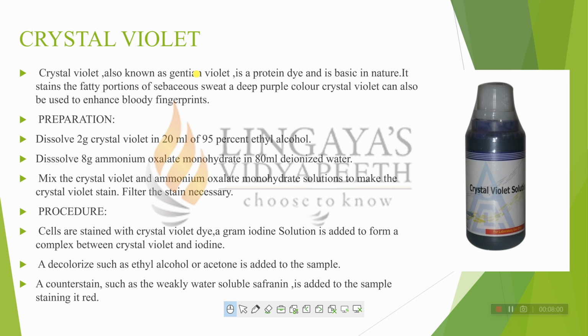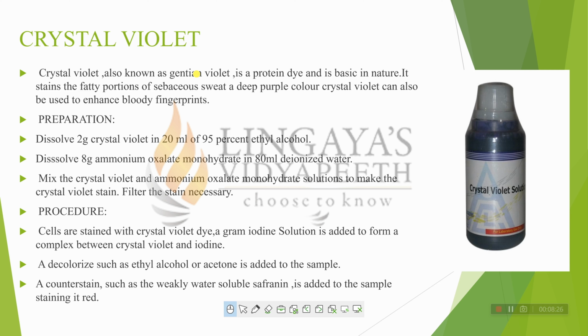Now how crystal violet is prepared? So to prepare the crystal violet stain or solution, you have to dissolve 2 gram crystal violet powder in 20 ml of 95% ethyl alcohol. After dissolving it properly, you have to dissolve 8 gram ammonium oxalate monohydrate in 80 ml deionized water.